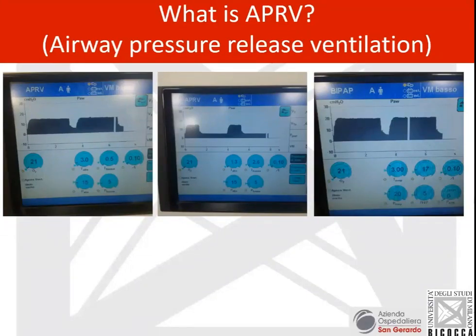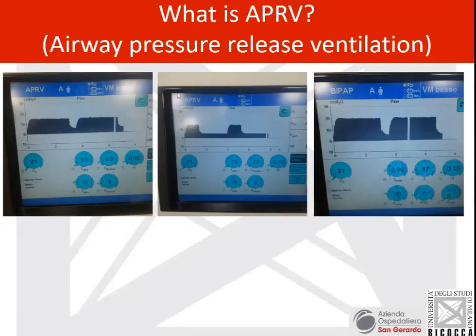The idea of APRV is a ventilation which has a very long inspiratory time and a very short expiratory time. So the patient is basically always kept at inspiration and then shortly drops to expiration here.